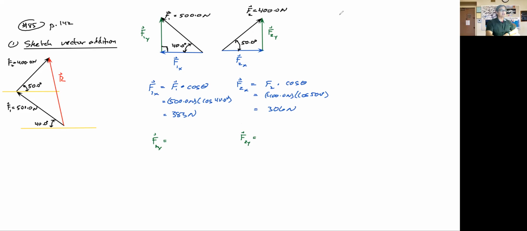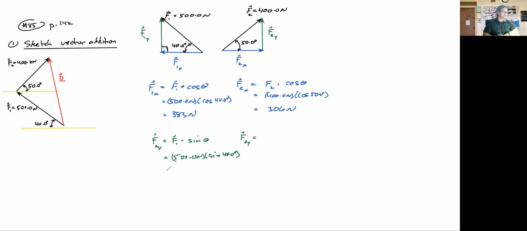Let's go ahead and switch over to the y components here. The y component is the side opposite the angle that we know. So we're going to use the sine function. Therefore this is F1 times the sine of the angle that we know, which is sine theta. That's going to be 500 newtons times the sine of 40 degrees.